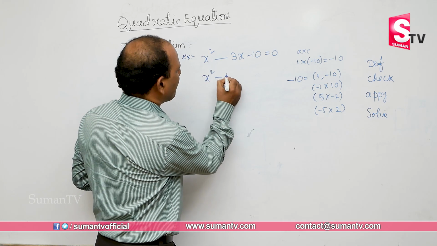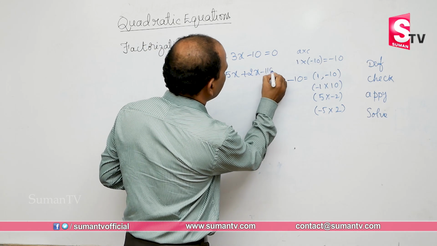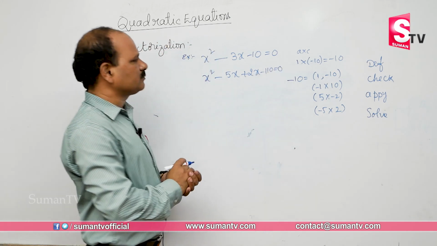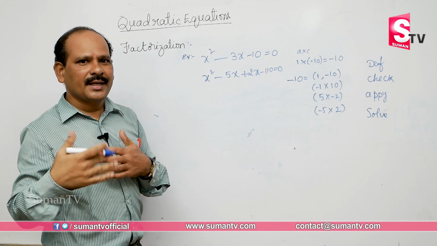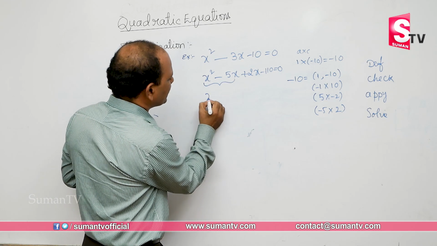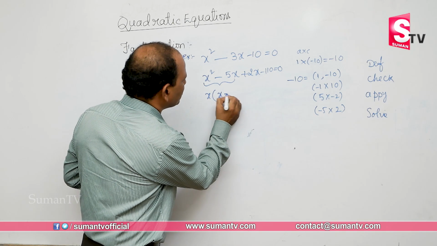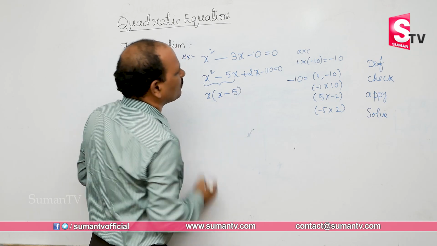x squared minus 5x plus 2x minus 10 is equal to 0. The next part, take common from two terms. From these two terms, I am taking x as common. Once x went common, the remaining terms are x minus 5.